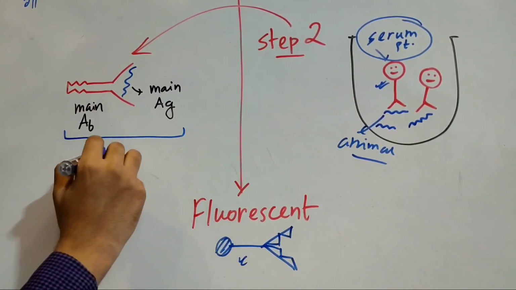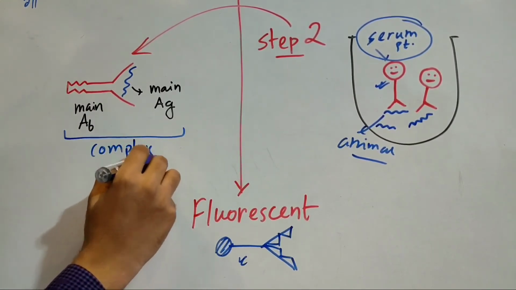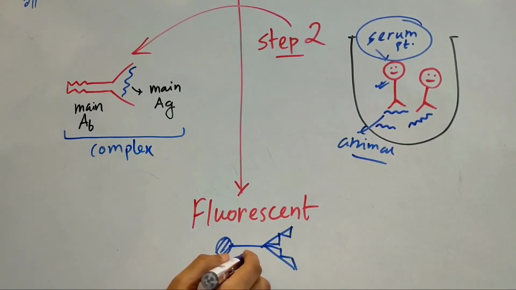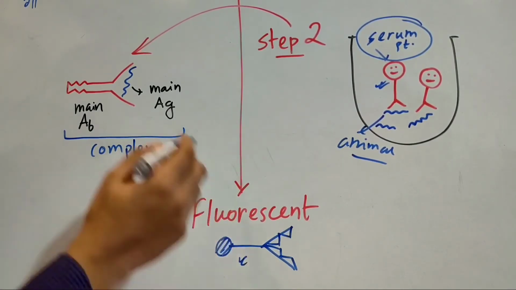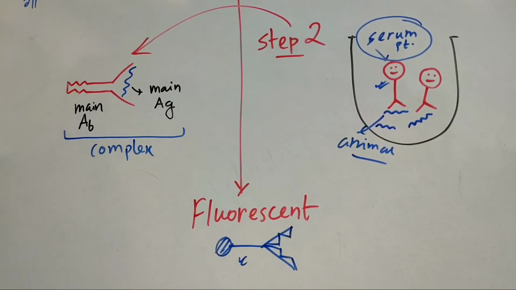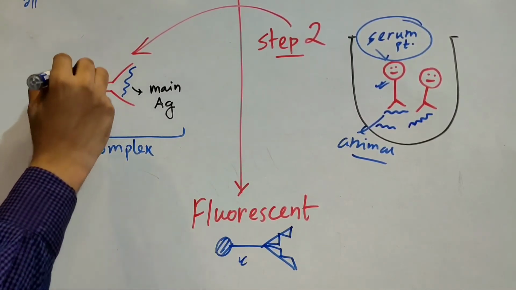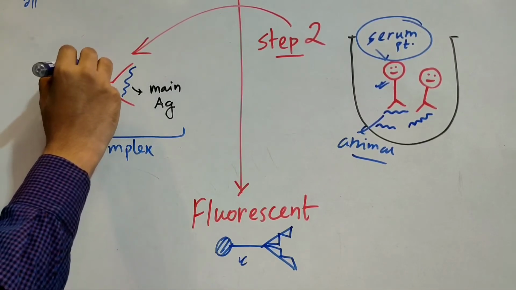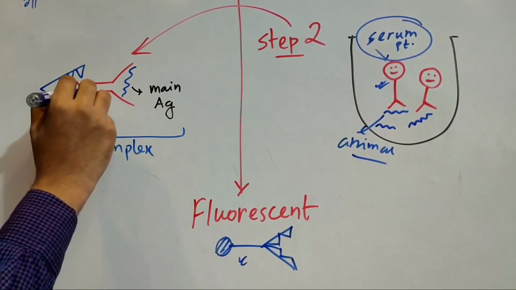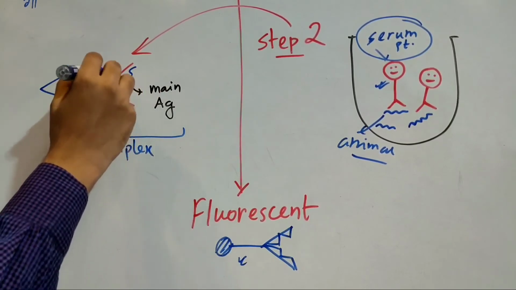So now let's focus on this part, this antibody-antigen complex. So this is our complex, and we have this fluorescent label antibody. So how will we detect this complex? So as we can see, if we draw the fluorescent label antibody, it fits properly with the Fc portion of our main antibody.